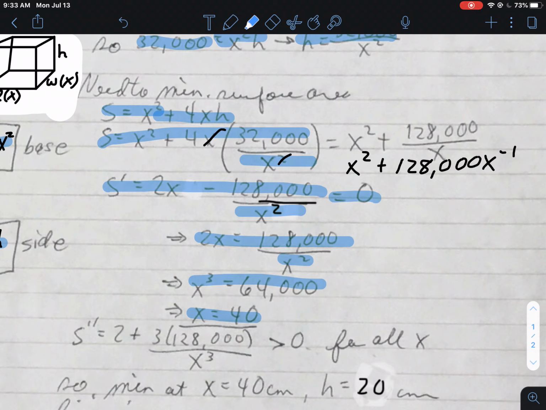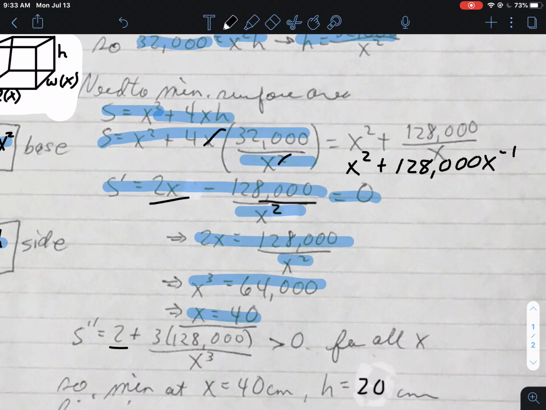With our first derivative of 2x minus 128,000 x to the negative 2, our second derivative: the derivative of 2x is 2, and the derivative of minus 128,000 x to the negative 2 would be positive 128,000 x to the negative 3, or 128,000 over x cubed.